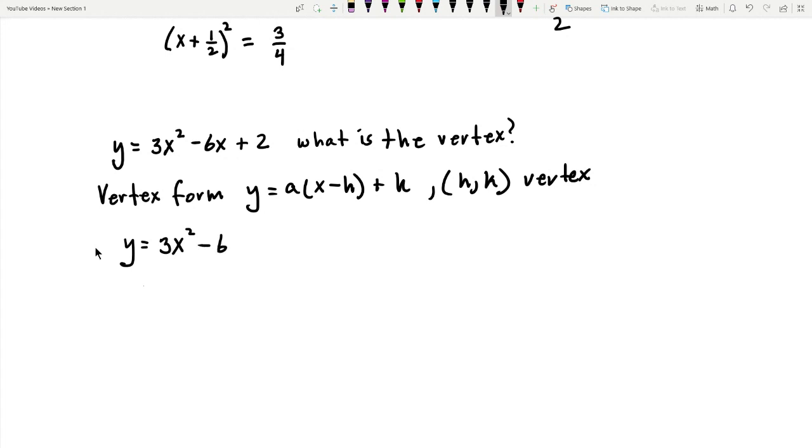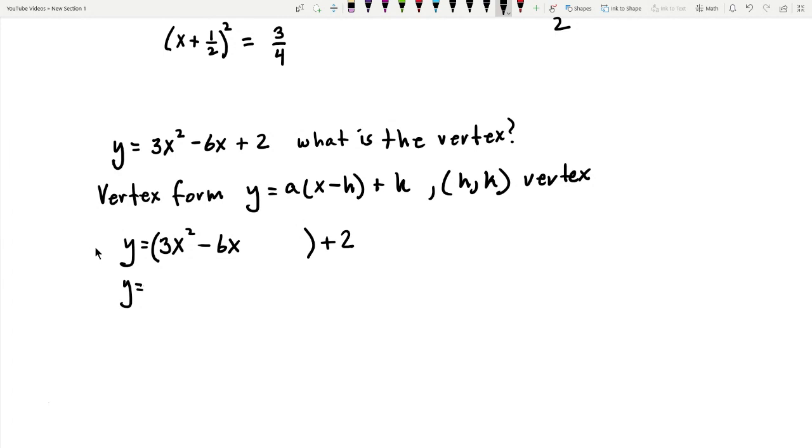So what I'm going to do is, instead of moving the constant over to the other side, I'm just going to move it out of the way. And I am going to look at this, and inside the parentheses is where I want to complete the square. Now again, I've got a leading coefficient here, and if I've got a leading coefficient, I have to factor it out.